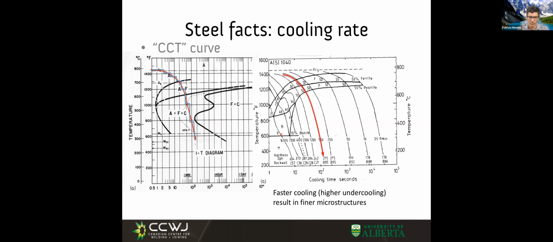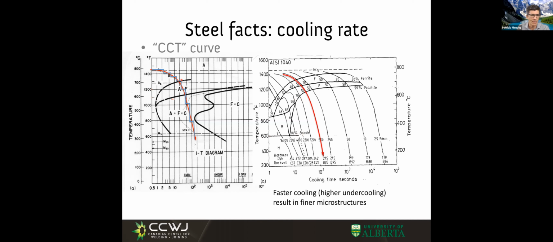And guess what, too? You can also get martensite. You see this horizontal line? That is a transformation into martensite. So the left diagram and right diagram are kind of the same, but they're not exactly the same, because the one on the left is made for the very artificial isothermal heat treatments, and they are read left to right.